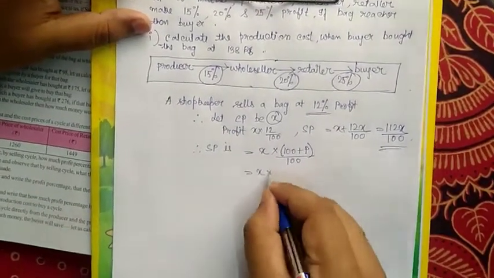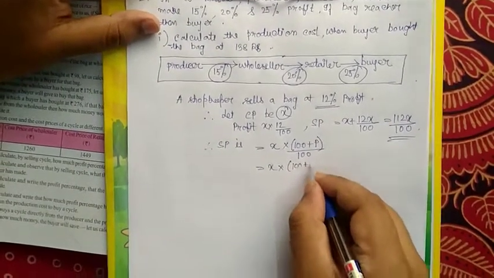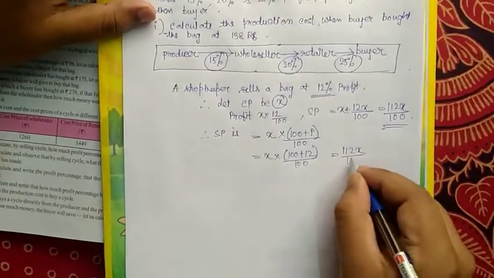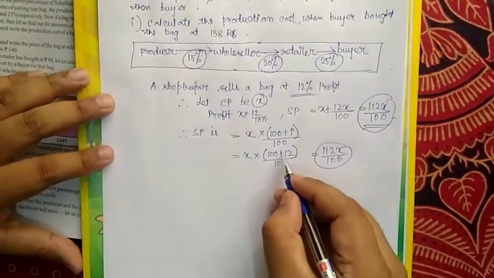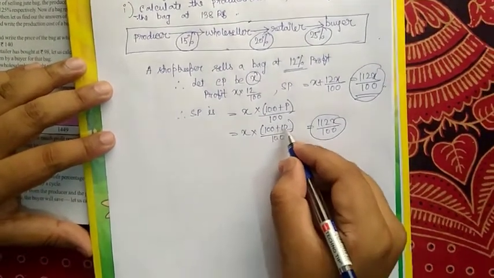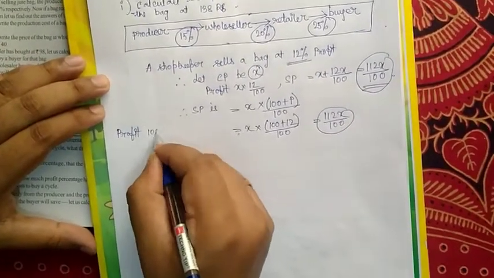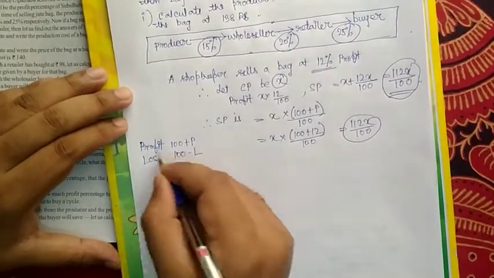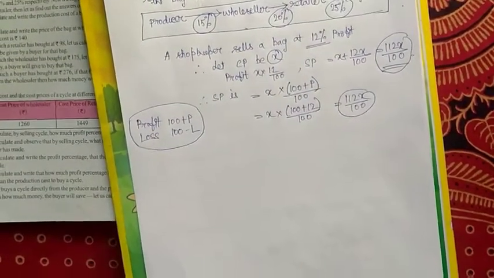So x into 100 plus P, here P is 12, so 100 plus 12 by 100 equals 112x by 100. See, both these values are equal. For profit we have to add with 100 plus, and for loss we have to subtract from 100 minus. For profit 100 plus profit, and for loss 100 minus loss. This is the shortcut procedure. If anyone wants to do it, you can do it.